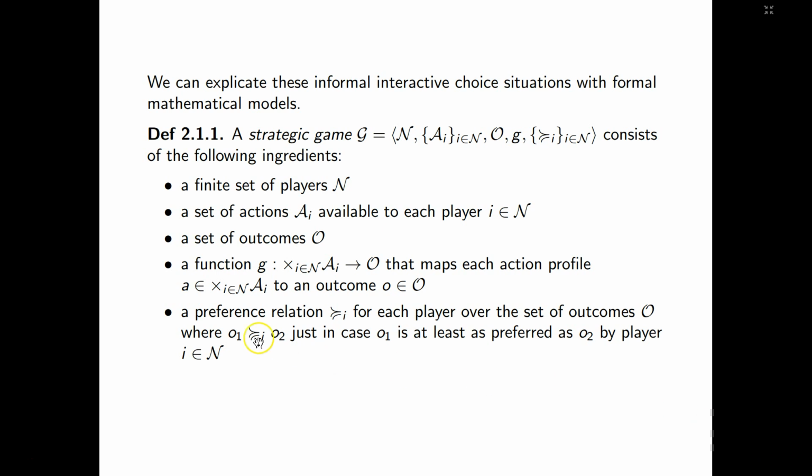So the i here simply designates the player that we are talking about. So we have to define a preference relation now for each of the players in the game, just like we defined a preference relation for the decision maker in our basic decision models.